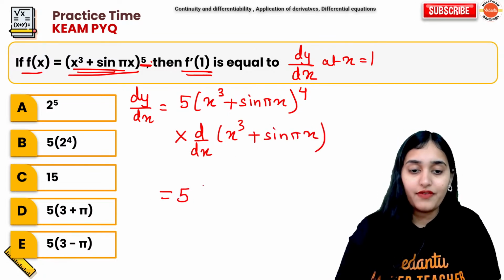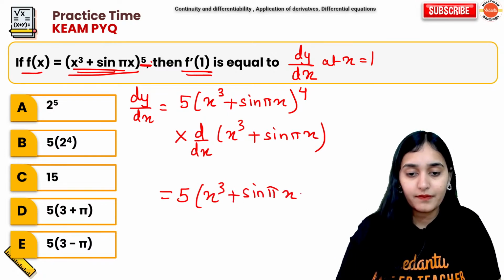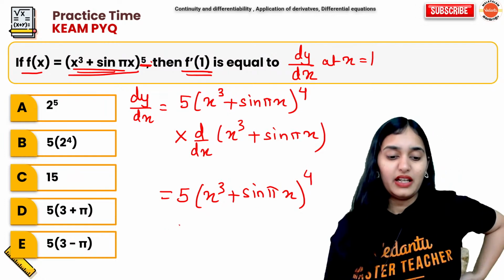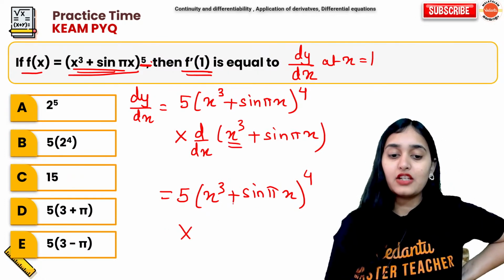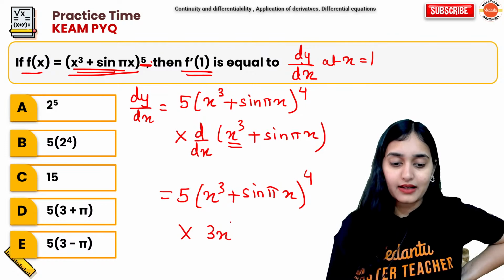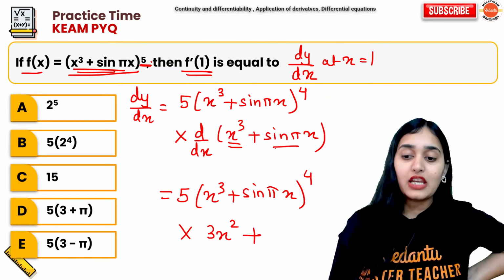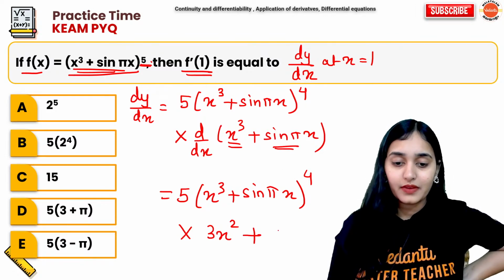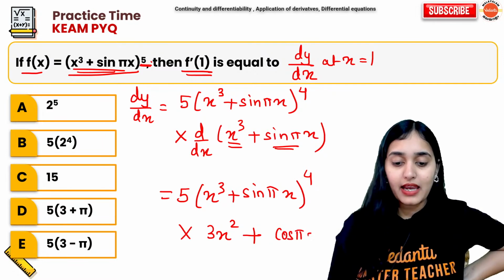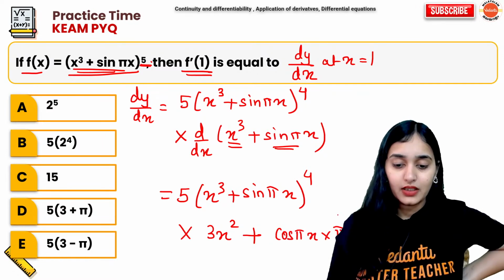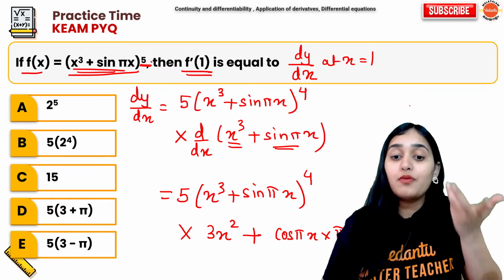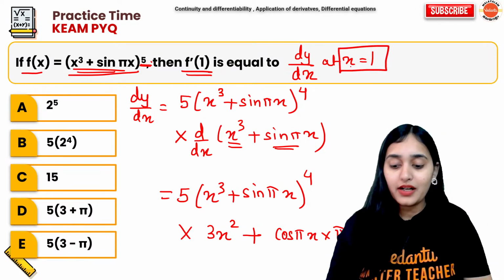So 5 into (x cube plus sine pi x) to the power 4 into differentiation of x cube is 3x square. Differentiation of sine pi x is cos pi x into pi. Now you put the value. What value? You put x is equal to 1.